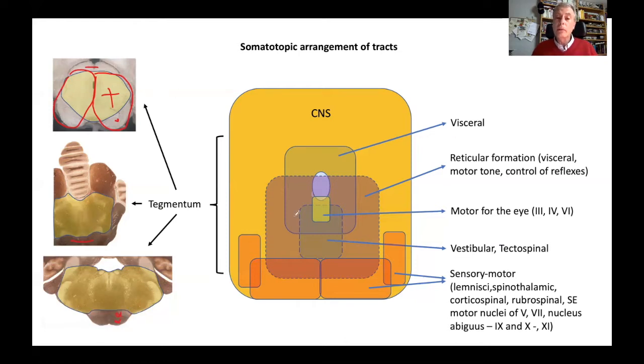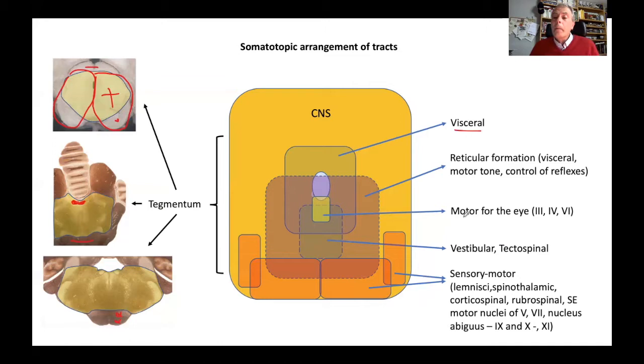So going back to this drawing, you will notice that the visceral tracts are located very close to the center, around the lumen of the central nervous system. Okay, they form the periaqueductal gray matter. They form the dorsal longitudinal fasciculus that is here at this location.